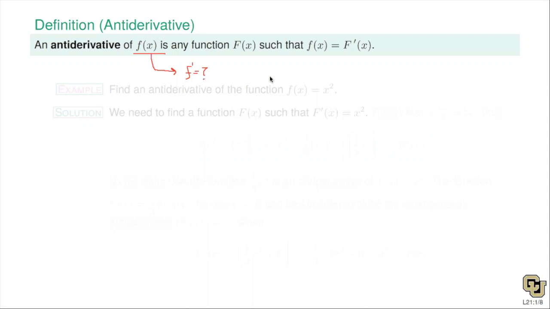Now, instead of asking for the derivative of little f, we're treating little f as a derivative. We're saying little f is itself the derivative of some function capital F. And so now our question is, what is this function capital F? It's known as the antiderivative of little f.